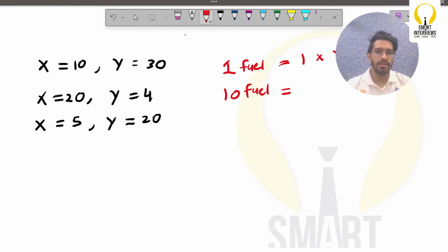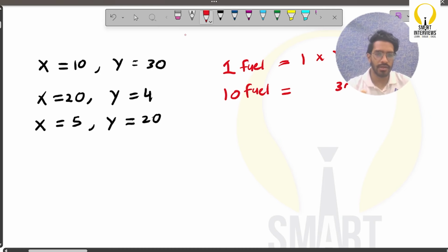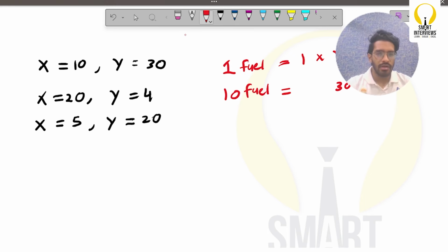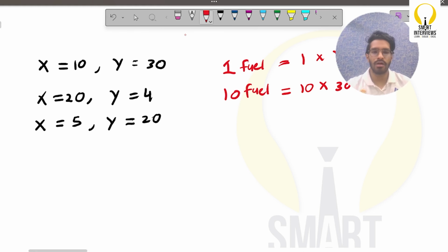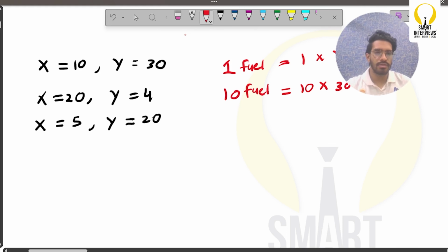The fuel is 10 units, but the vehicle efficiency here is 30. So my vehicle can travel 30 kilometers for a single unit of fuel. I have 10 units of fuel. Can I simply say, in order to figure out the total number of kilometers that I can travel, all I have to do is multiply 10 with 30, which is basically 300 kilometers.